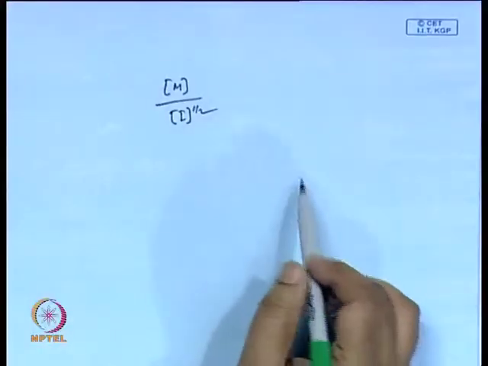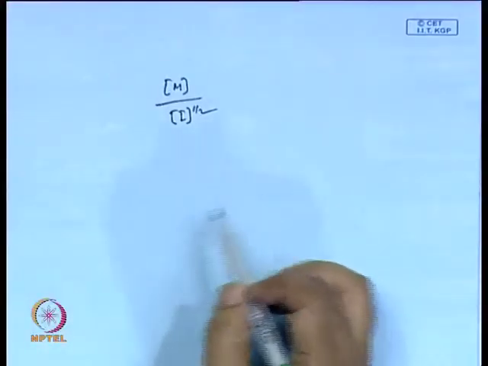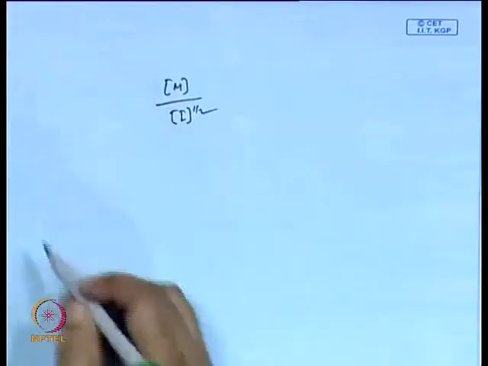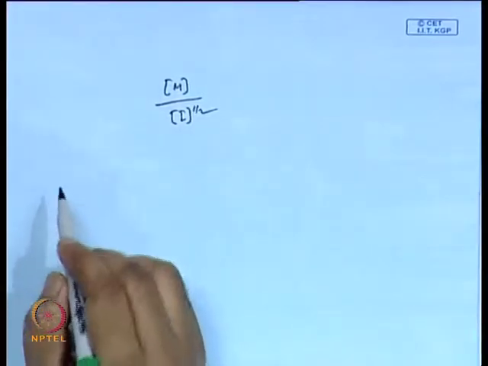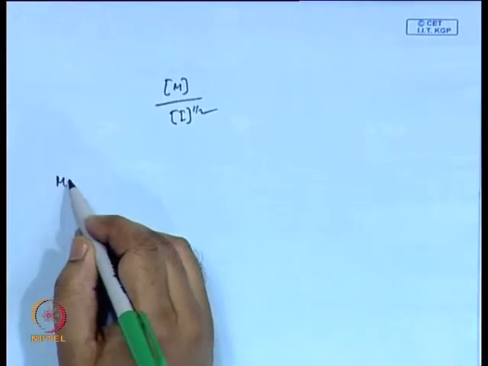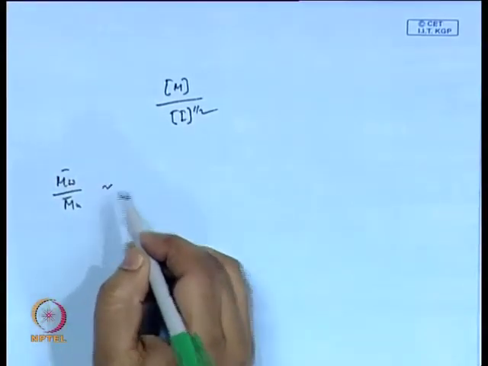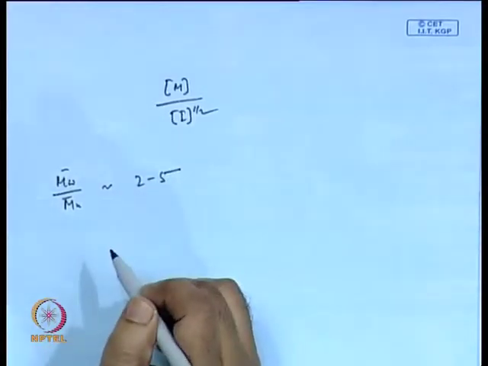So, you have a much broader polymer distribution. At the end of the polymerization, the Mw by Mn value will be quite high, typically between 2 and 5.